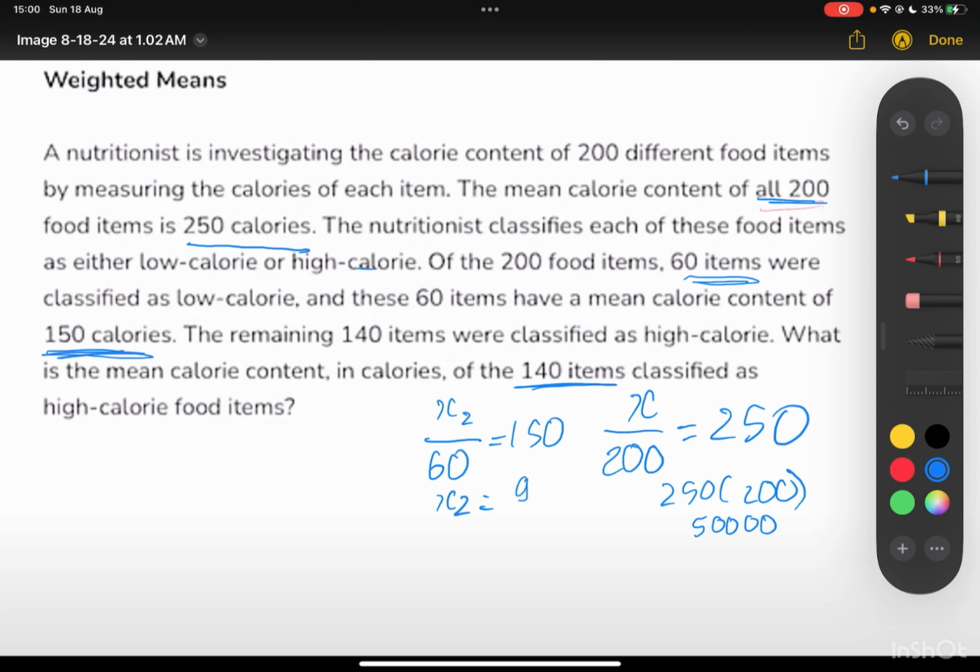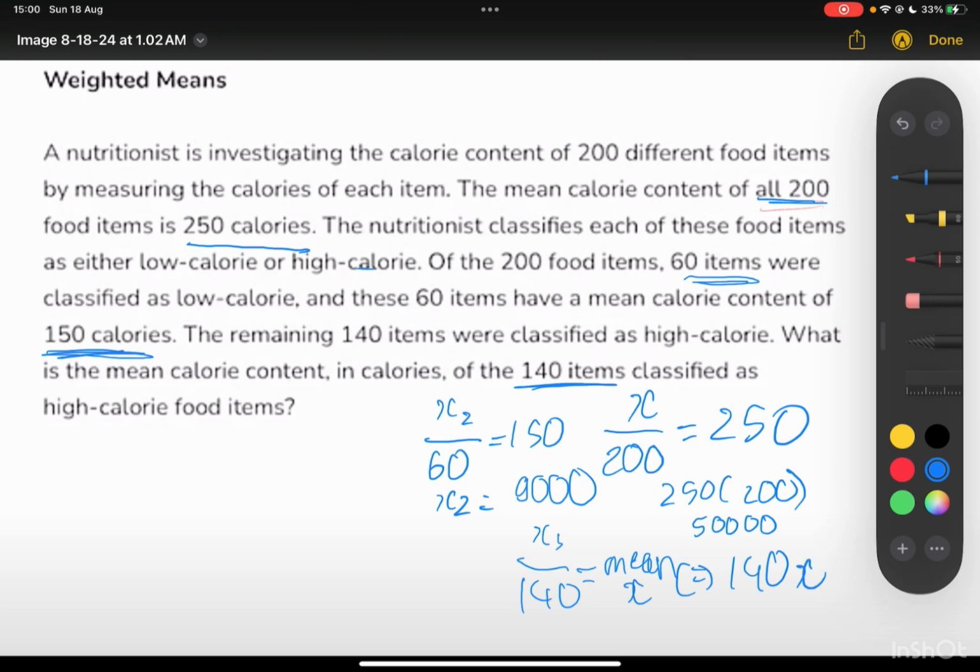We're going to have 9,000. Okay, so for 140 items, we're going to have x3 divided by 140. We have the mean. We're going to call the mean x. So we're going to have 140x.